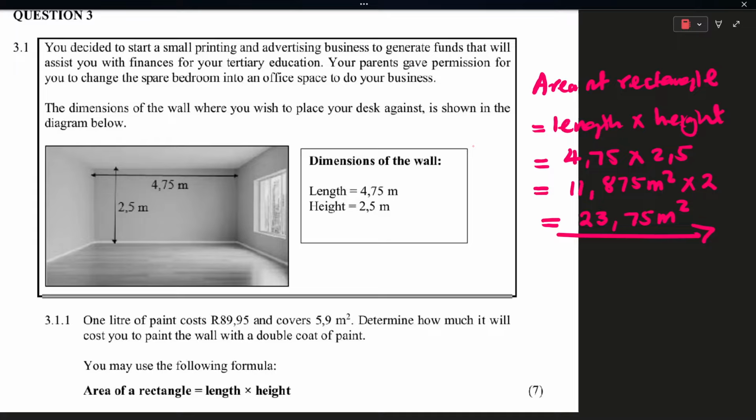You see? Now, we want to check. Remember, there is an area that we already have. You see? So we want to check the number of liters of paint. Okay, the number of liters that we must have becomes easy. We're just going to say 23.75 meters squared over the area that we have, 5.9 meters squared.